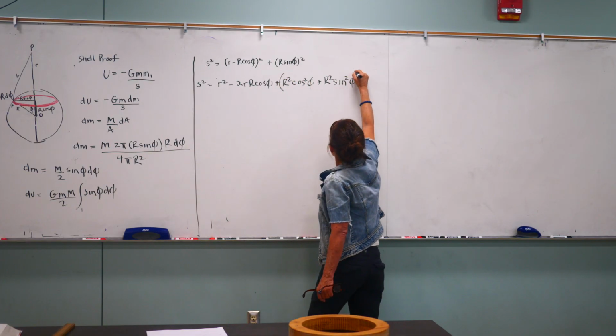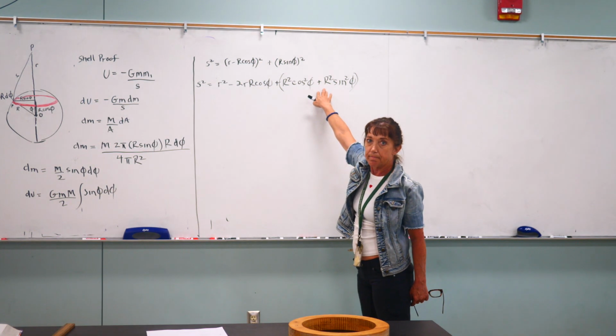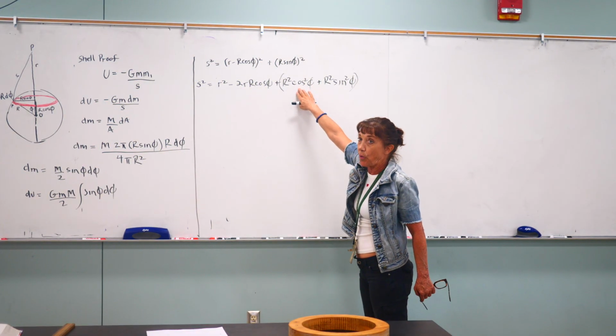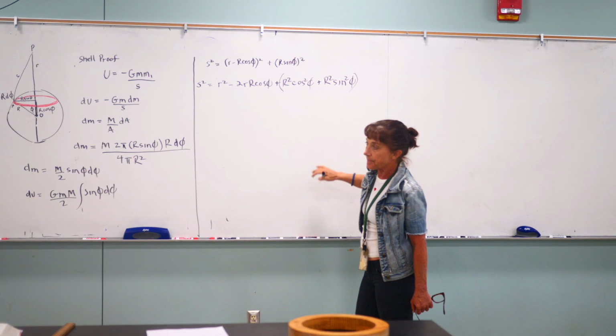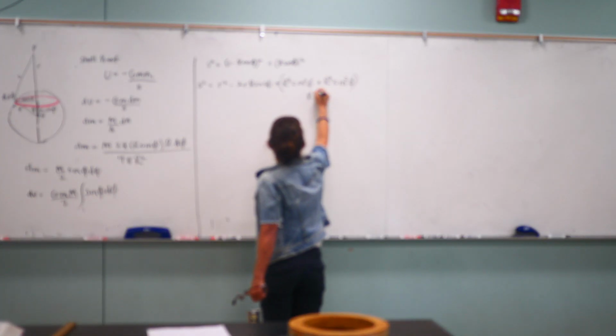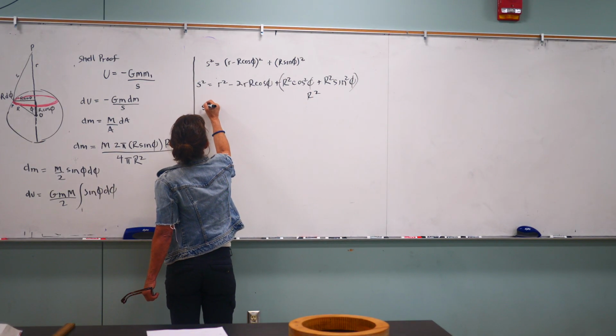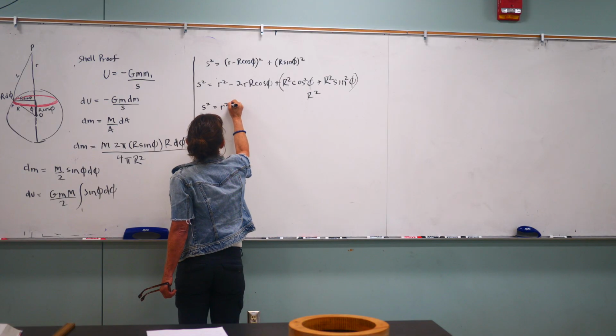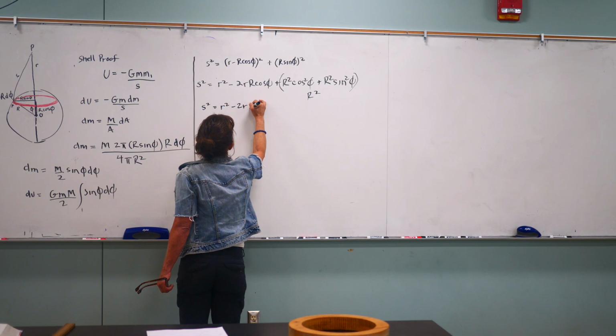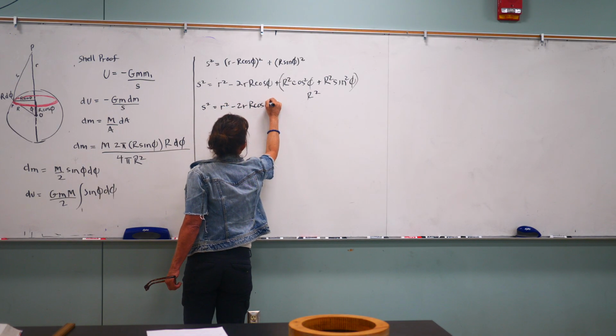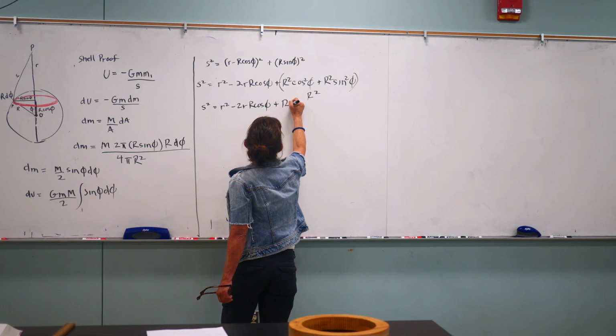These last two terms go to R squared, because I've got a cos squared plus a sine squared. So S squared equals little r squared minus 2rR cos phi plus big R squared.